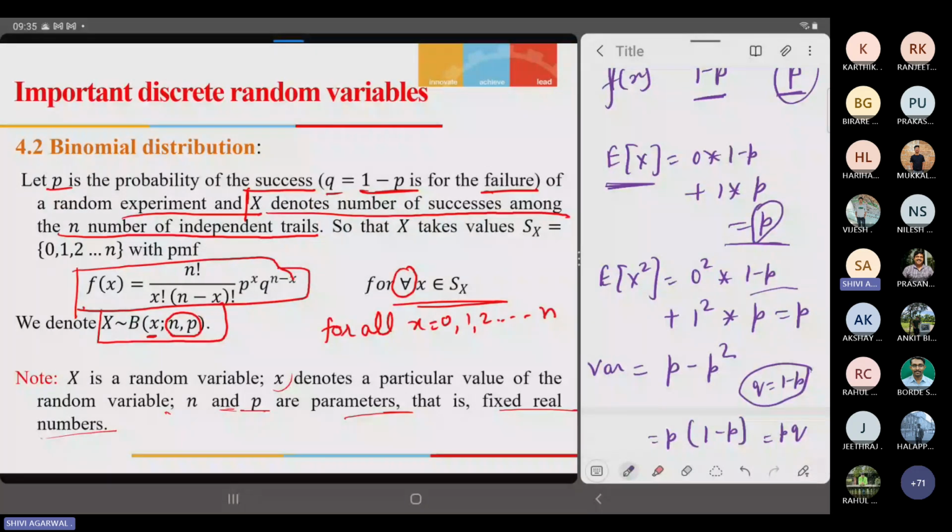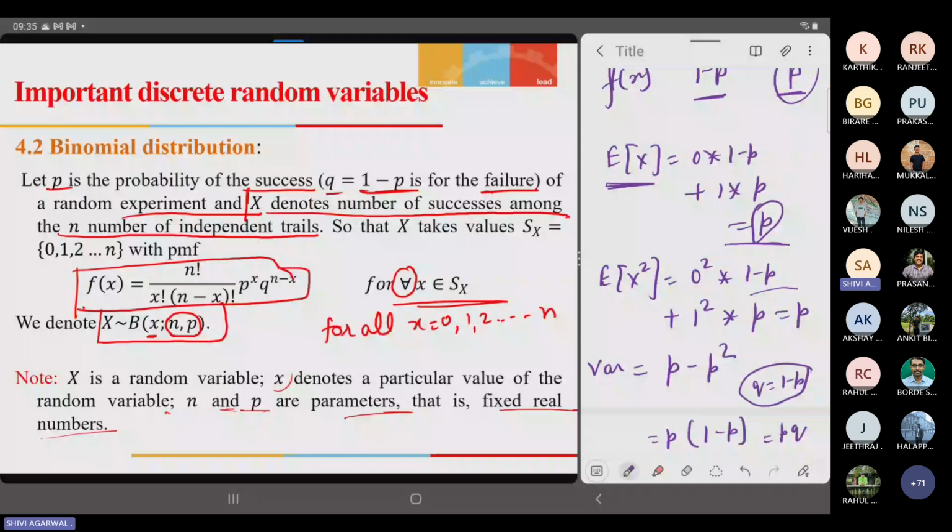What is the probability of getting success if we consider success to be heads? Can any one of the students tell me the value of small p? Probability of getting success when we are tossing a coin, and success we consider as head. Mr. Sanjeev, it is 1? It is 1 by 2.